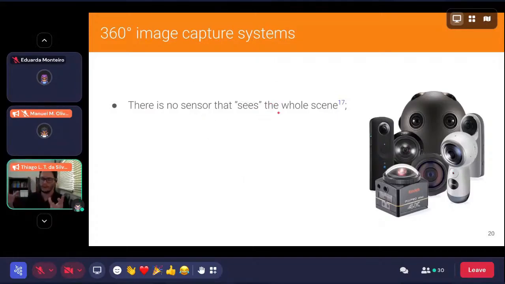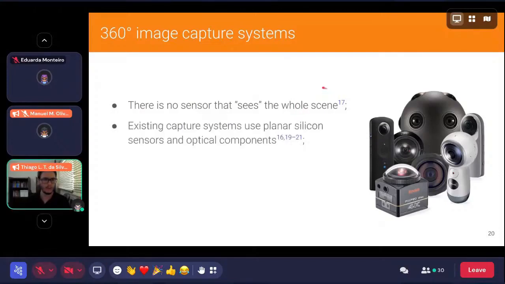So we have this spherical imaging model that says everything in the scene is imaged to the surface of the sphere, and the surface of the sphere should be like a sensor, right? But we cannot physically design this sensor. So what can we do?